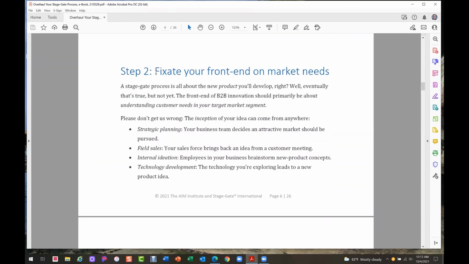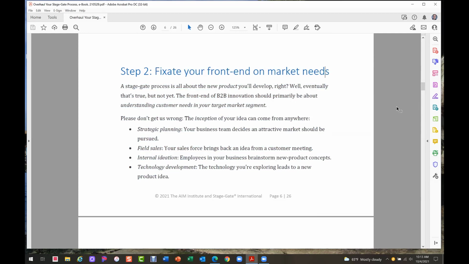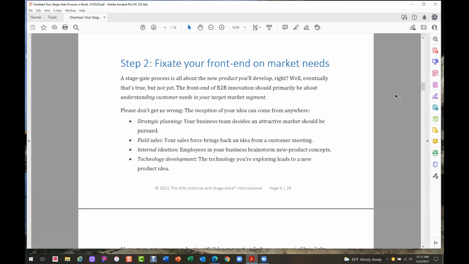So what we want to do is in the front end, it really should all be around market needs. Now here's where it gets a little tricky. I think I'm guilty of making such a big deal about outcomes versus solutions, and about what a lot of companies used to do, and they still do, is they'd say, we need to develop new products.